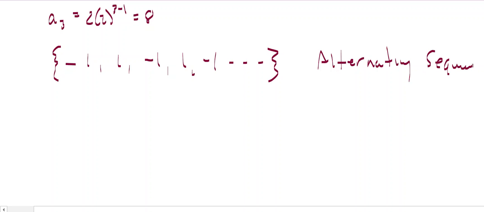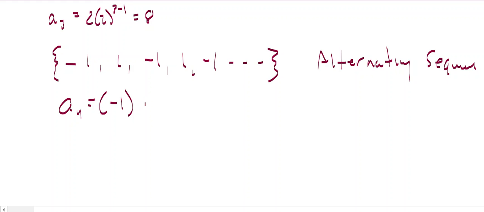And the signs could be alternating negative positive or positive negative. Generally speaking, a sub n is going to be some power of negative 1. Because when negative 1 is raised to an even power, we always end up with a positive 1. When negative 1 is raised to an odd power, we end up with a negative 1.